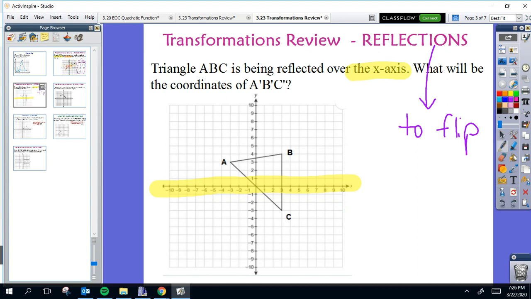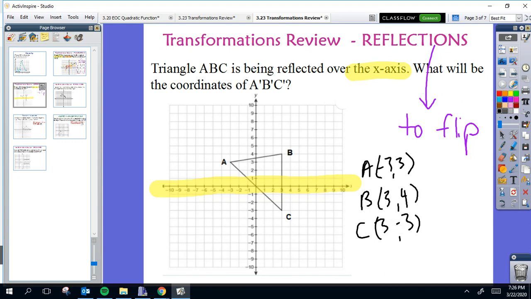So let's begin with A. A is originally negative 3, 3. B is 3, 4. And C, the coordinates are 3, negative 3.